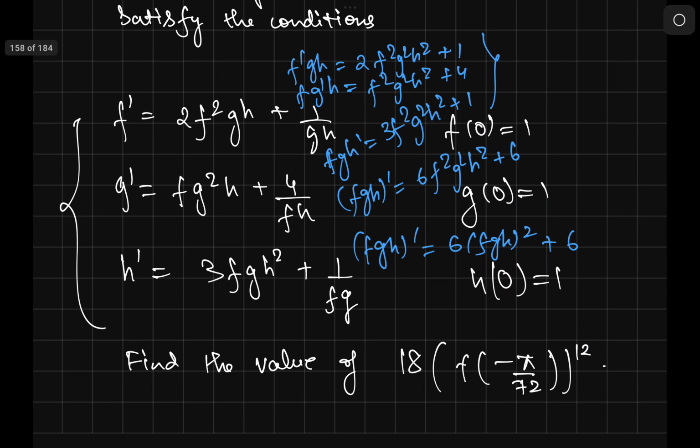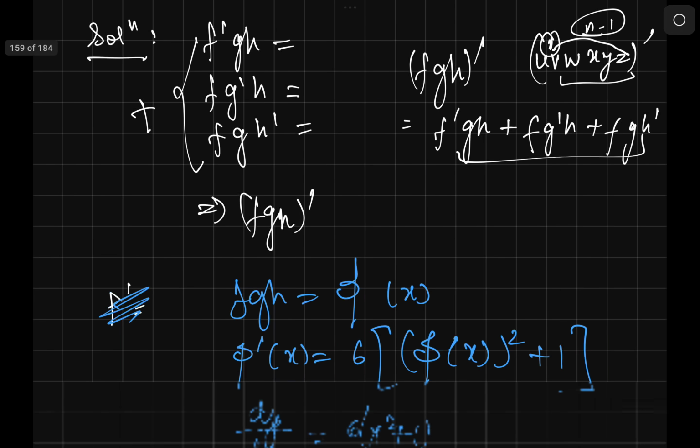So I have been given all these constants, so I can clearly say that fgh of 0 is equal to 1.